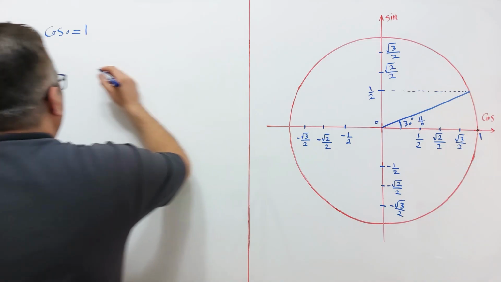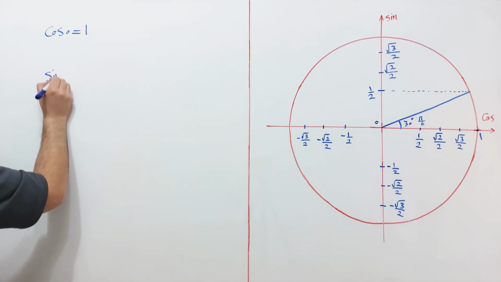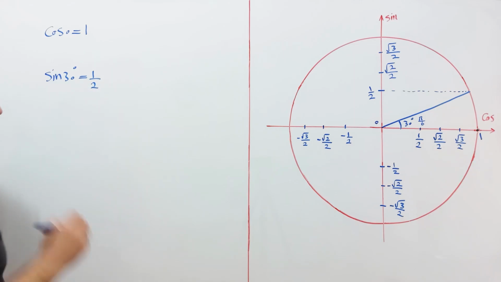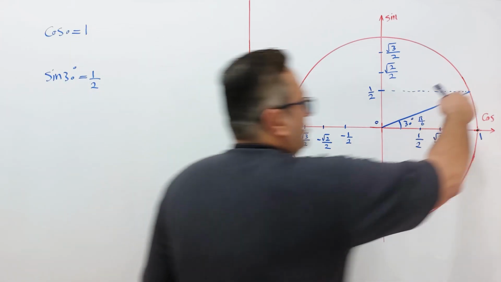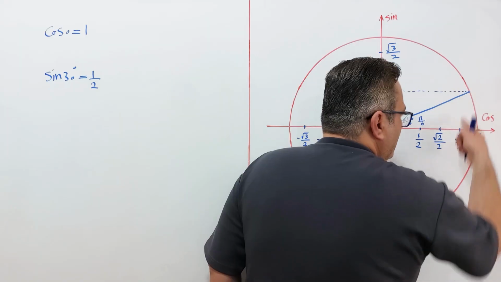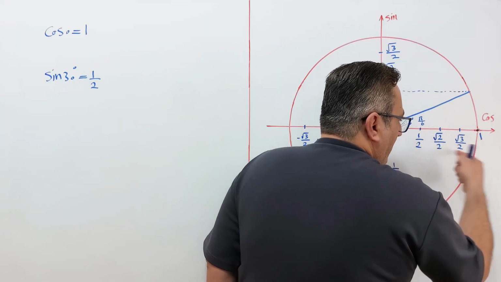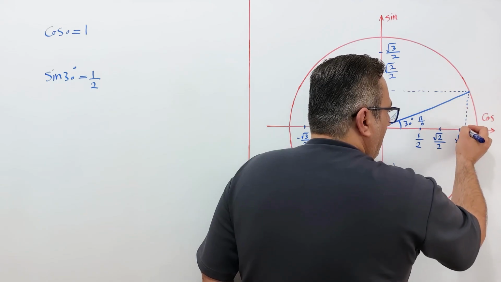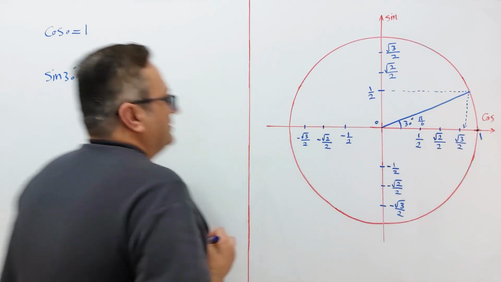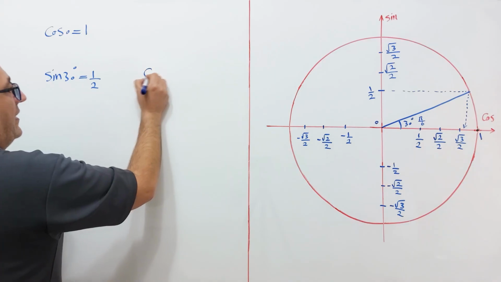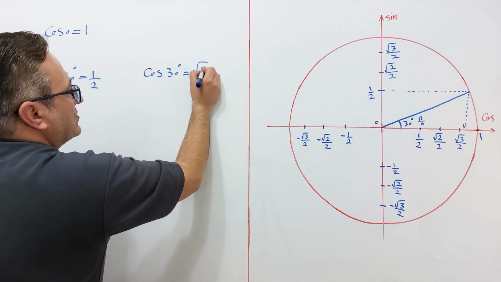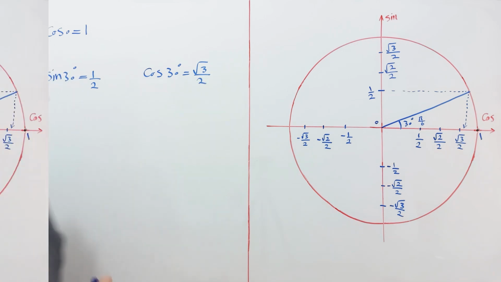So sine of 30 degrees is equal to 1/2. And if you look at the cosine axis, you see the square root of 3 over 2. So cosine of 30 degrees is equal to the square root of 3 over 2.